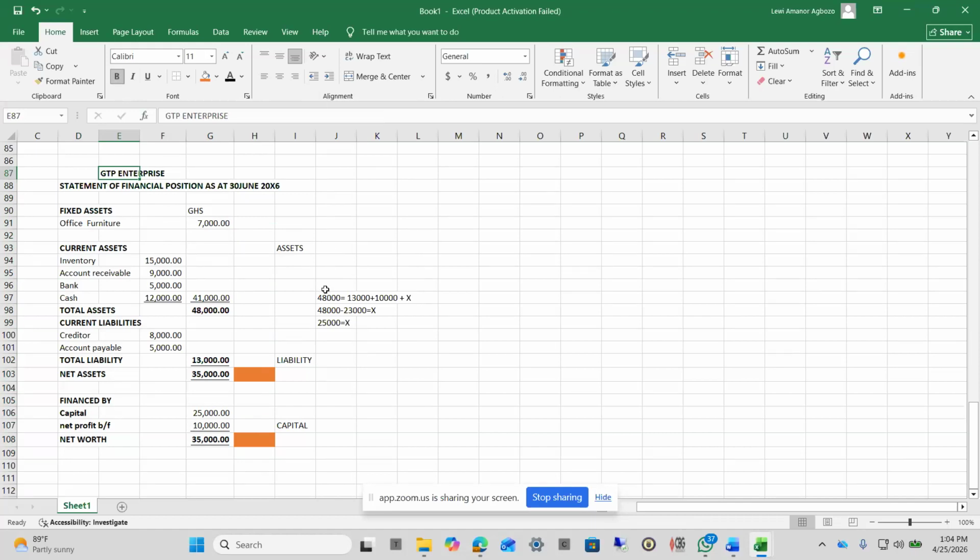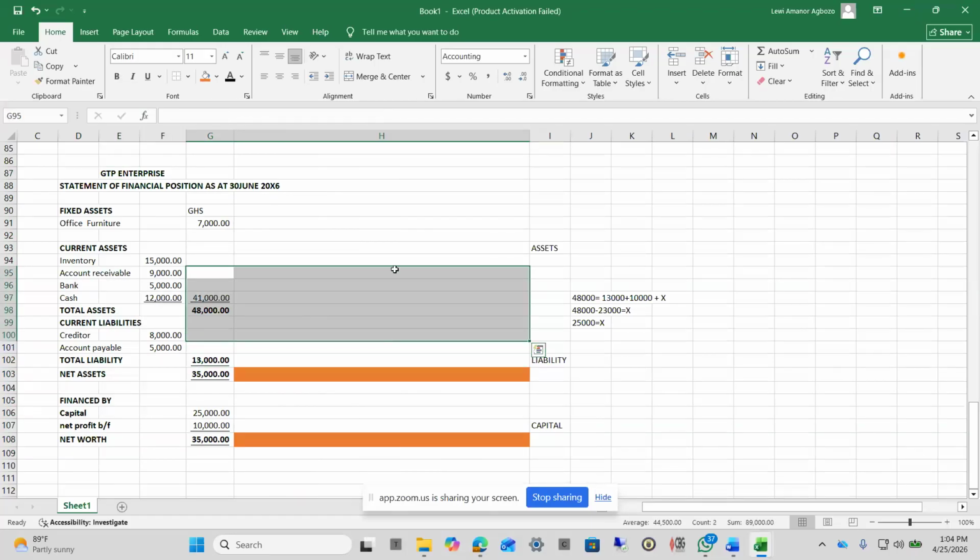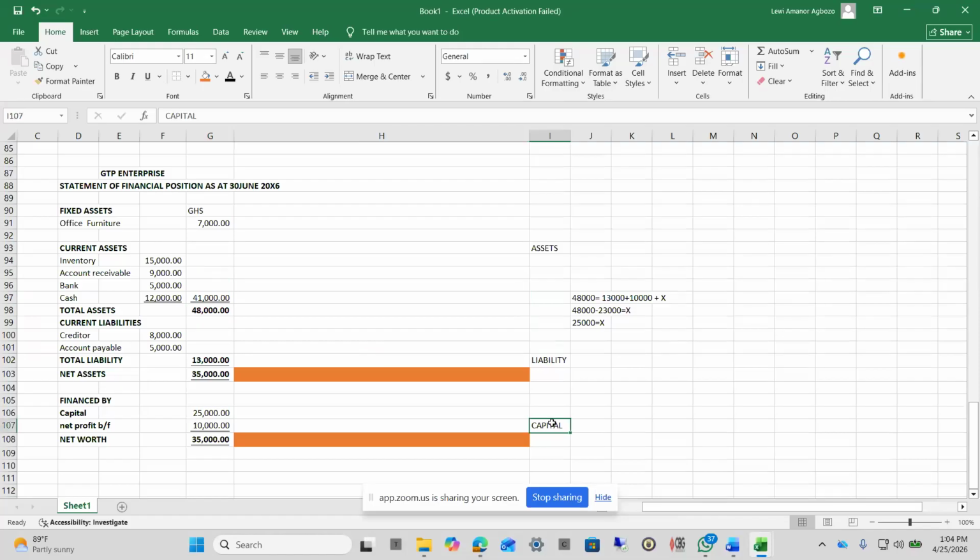I'm just trying to show us that this portion is the asset portion, this portion is the liability, and this portion is the capital section. Is that okay?